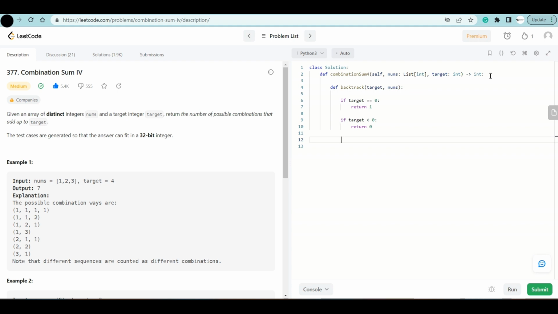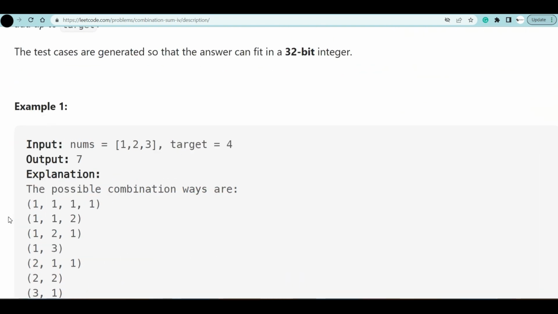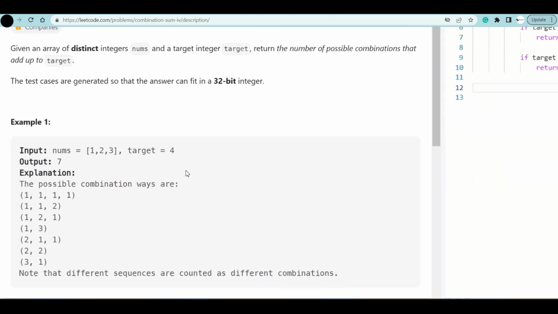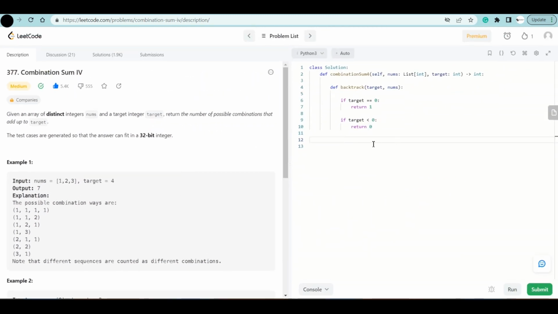So what we want to do is reuse all of the numbers, because we are told here that we can use a number as many times as we want. So I'm just going to say for n in nums, which gives me all the values in nums, because I want to reuse them.